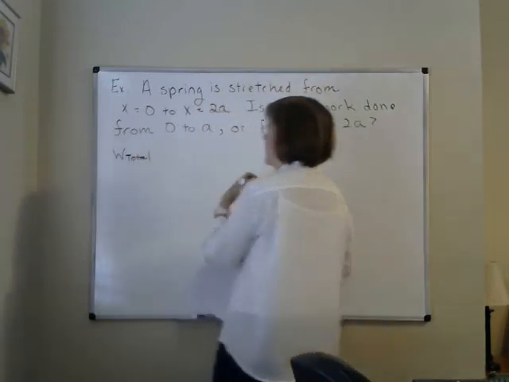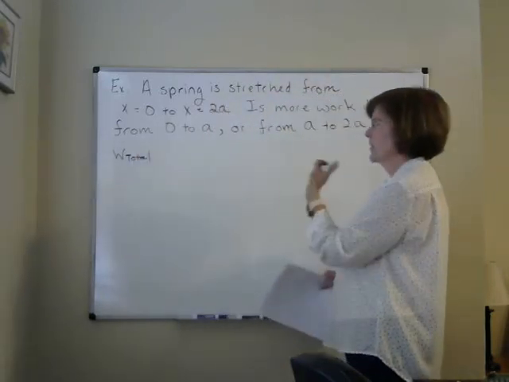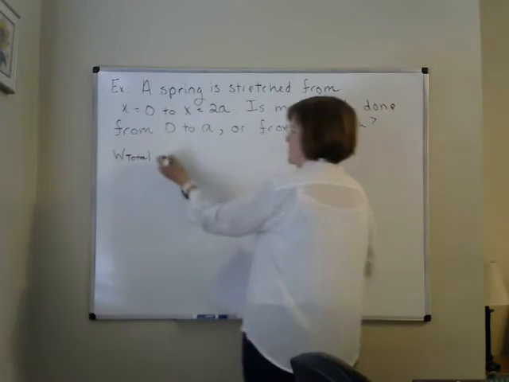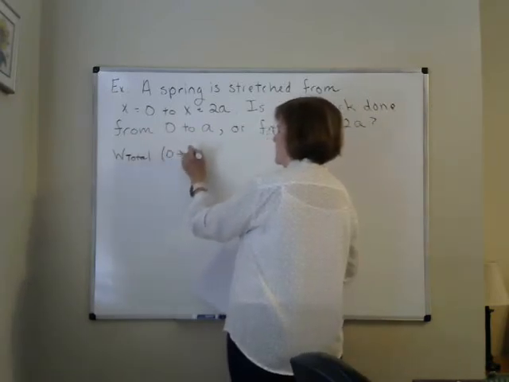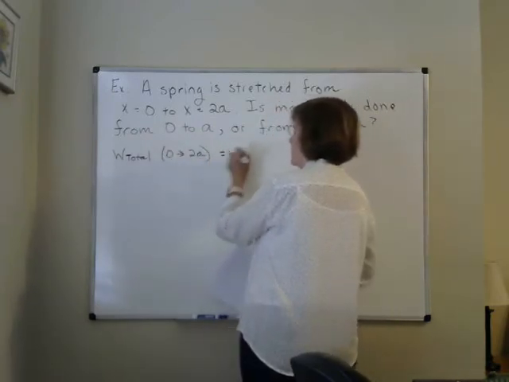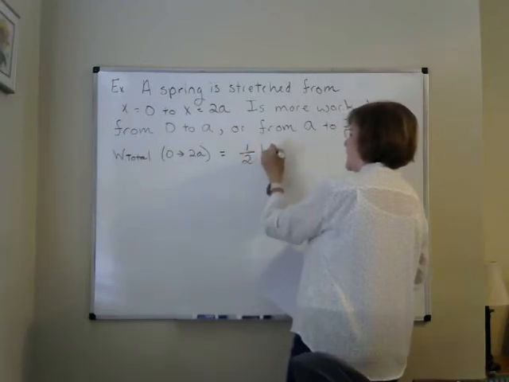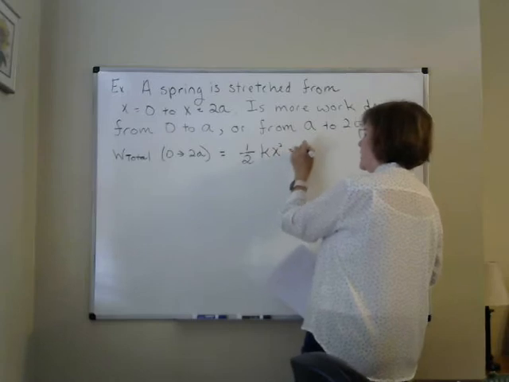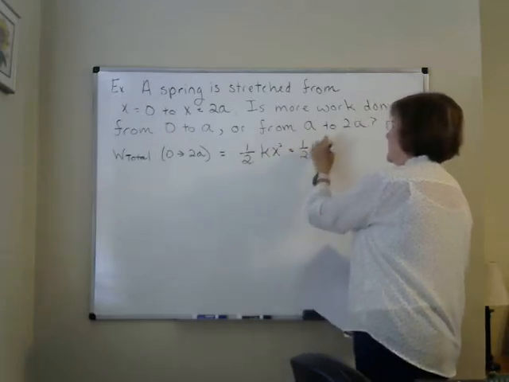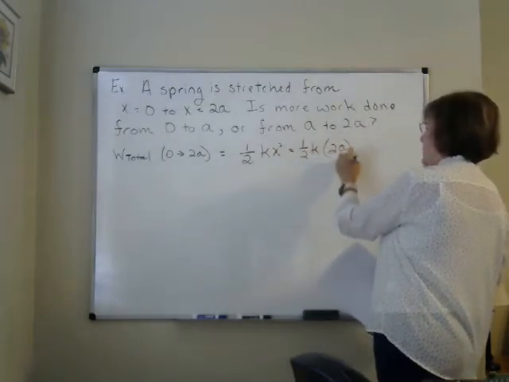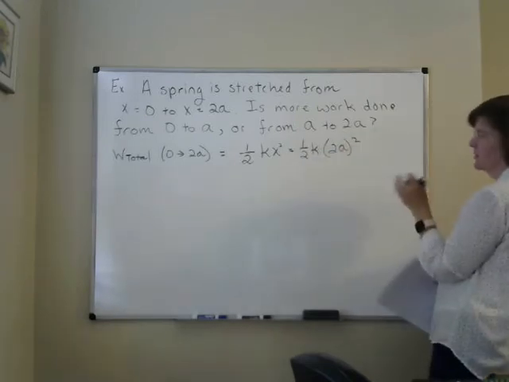If you stretch a spring from x equals 0 to x equals 2a, you would use that the work done is 1/2 kx squared, which in this case would be 1/2 k times (2a) squared. I'll be sure I get that distance. It's 2a.